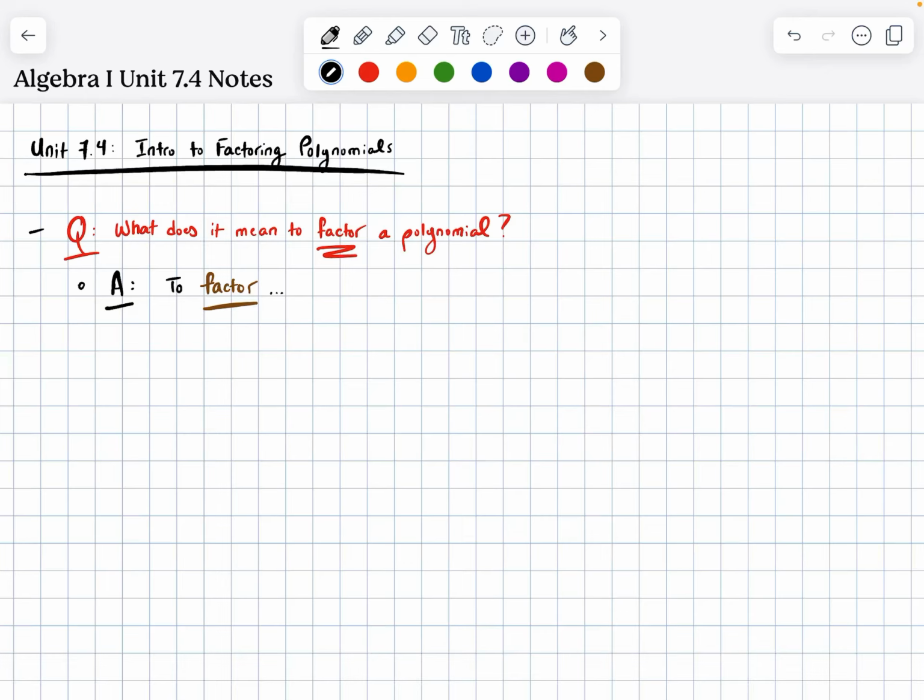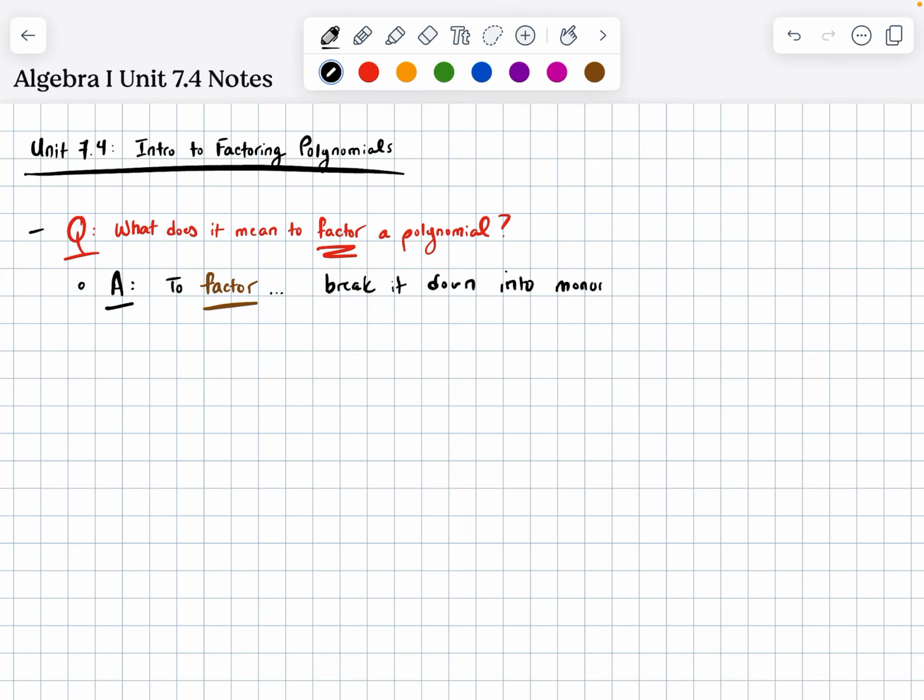Alrighty, so a factor, by definition, is something that multiplies by something else to get me back to a number or a quantity, or in this case, a polynomial that I started with. So if I'm trying to factor a polynomial, really big picture what I'm trying to do is find things that multiply together to get me that polynomial. So my goal is to take my original polynomial and break it down.